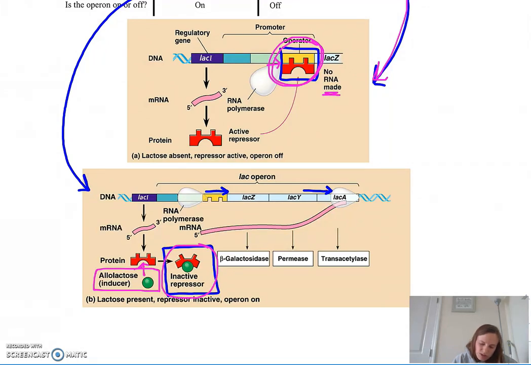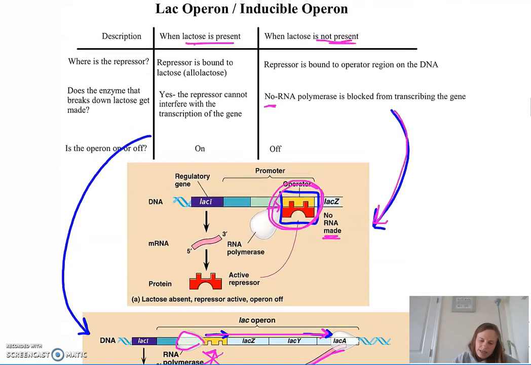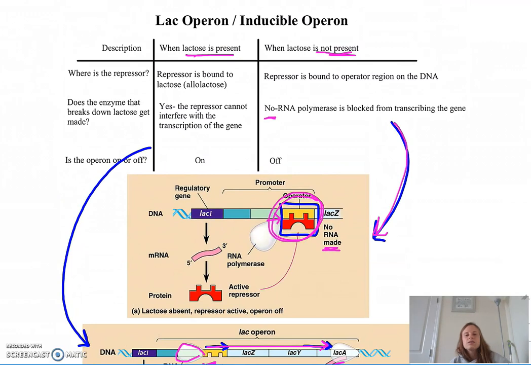So when the repressor tries to bind to the operator, it can't, because it has undergone a conformational change. Its shape has changed. And now my RNA polymerase can read the DNA and can make messenger RNA. Therefore, I can make the enzymes that break down my lactose, which then can serve as energy for my prokaryote.